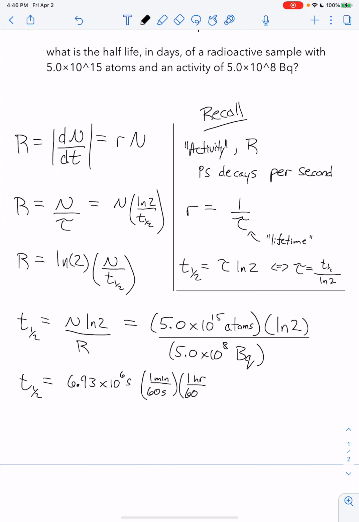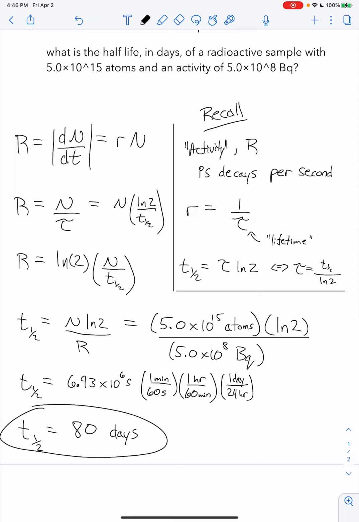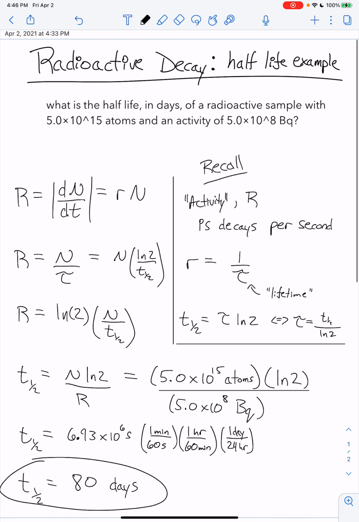We have 60 minutes in 1 hour. And then we have 24 hours in 1 day. And that will give us a half-life in days of 80 days. Okay. That's our half-life.